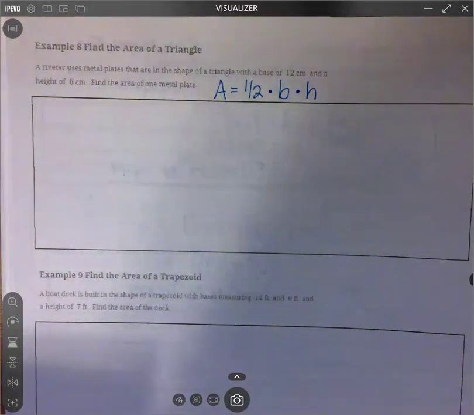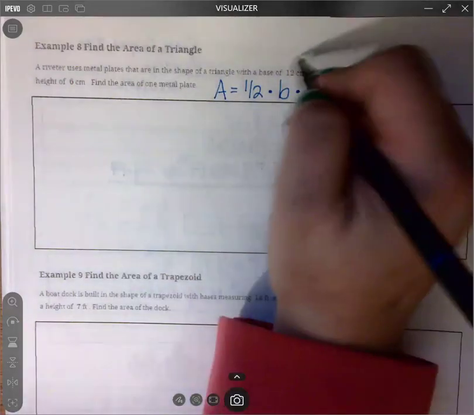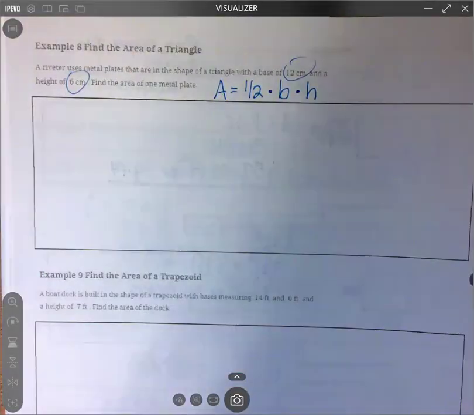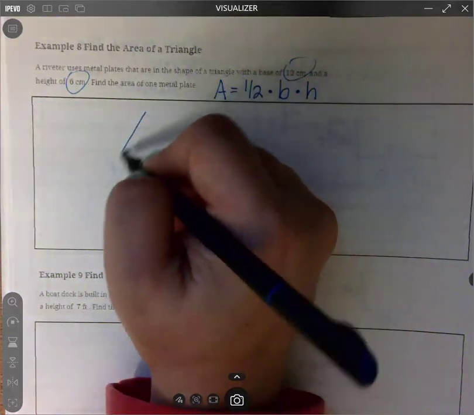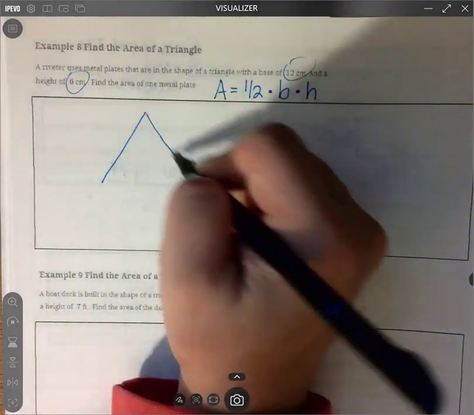It says a riveter uses metal plates that are in the shape of a triangle that have a base of 12 centimeters and have a height of 6 centimeters. Find the area of one metal plate. Again, draw your picture first.